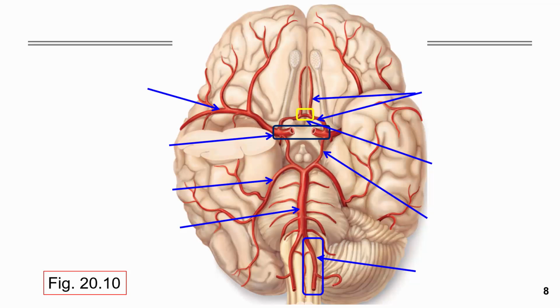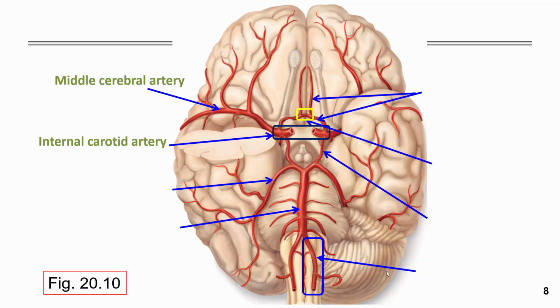As we take a look at the brain, and this is an inferior view looking in a superior direction of the cerebrum, we start with the internal carotid artery, and recall it's the internal carotid artery that supplies that initial delivery of oxygenated blood to the brain, and we see various branches.